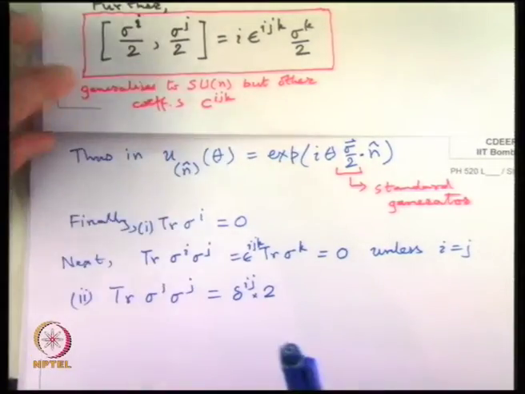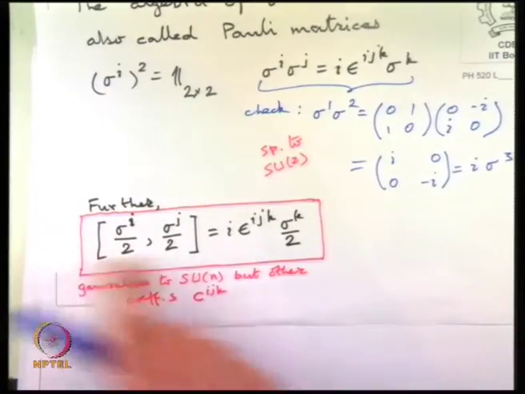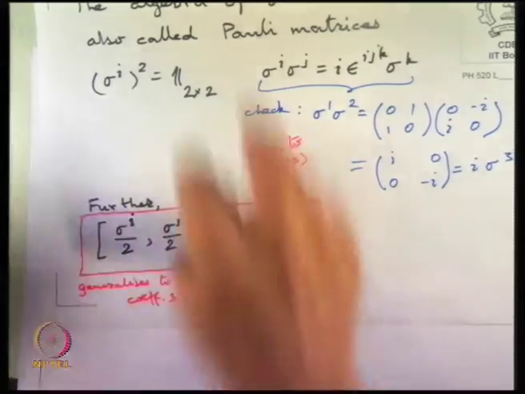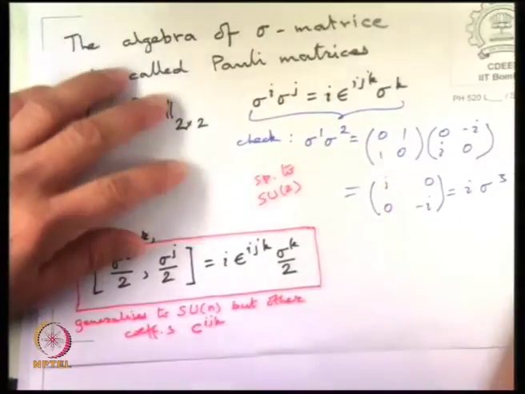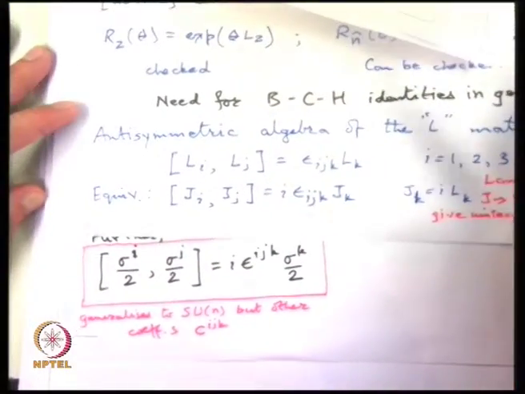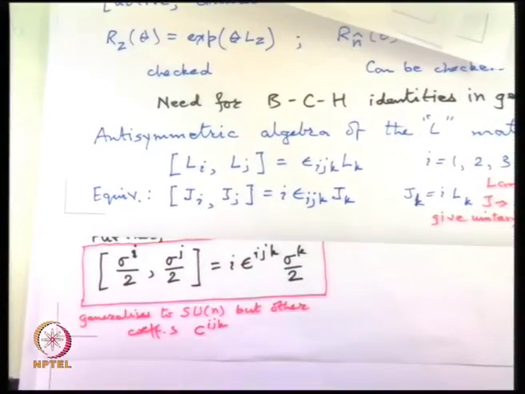So now we see the analogy of this with the rotation algebra. It's exactly the same. The algebra of the sigma by 2 matrices is exactly the same algebra as the J matrices.